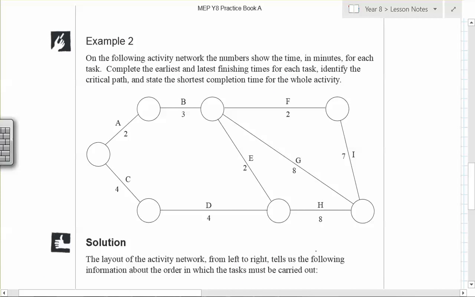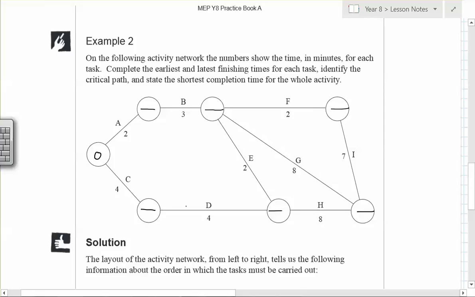Basically, on this network diagram, it does go left to right, so this is your starting point, so it should have a 0 in there. Okay? And then each one of these, if we're doing our critical path, is split into 2, and we're going to try and find earliest and latest times for each thing to happen.